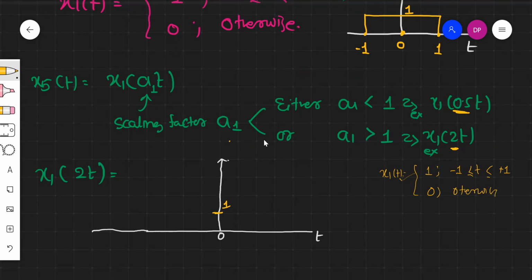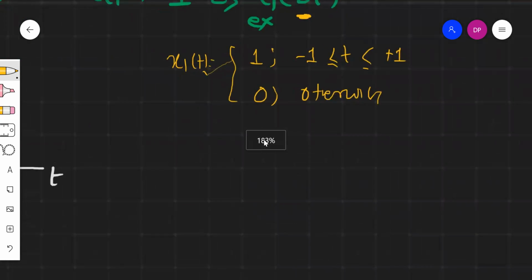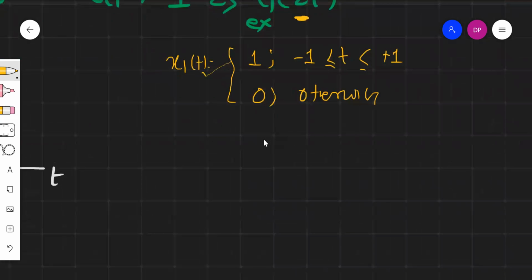Now, if I write x1 of 2t, what will happen to the amplitude values? For which interval of time will the amplitude be 1, and for which interval will it be 0? -2 to 2, we will see here.